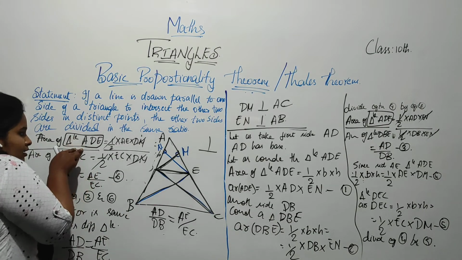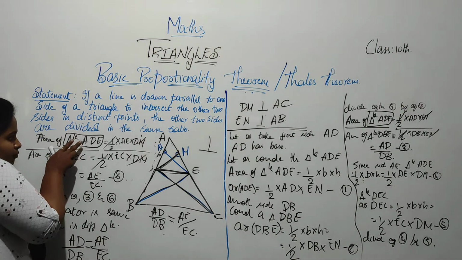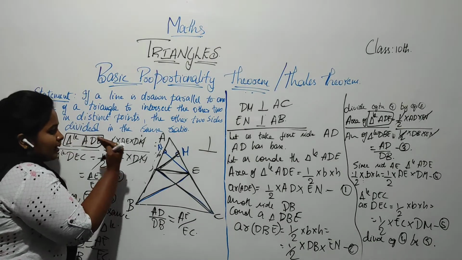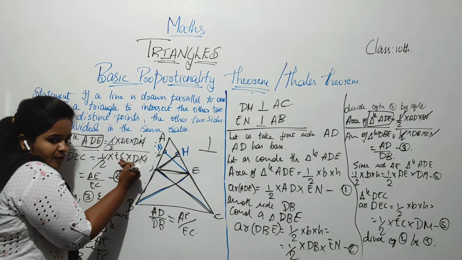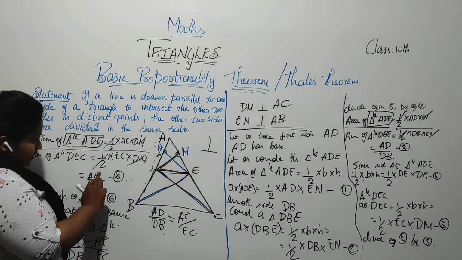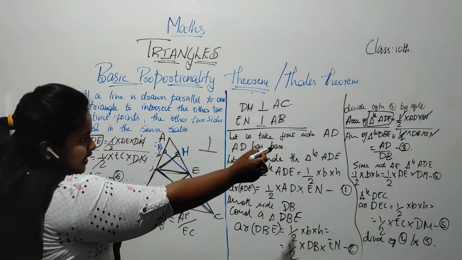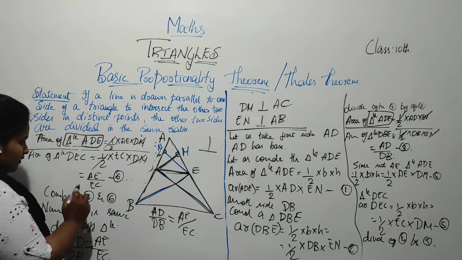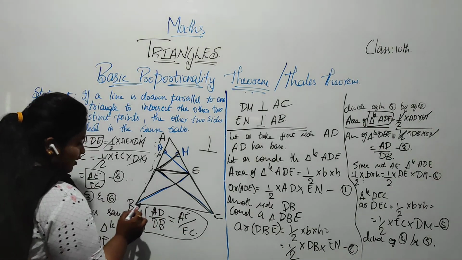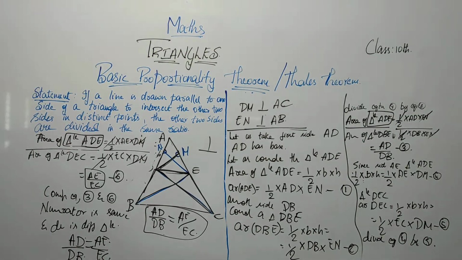If the numerators of both equations are equal, then the right hand side also becomes equal. In equation 3 we have AD by DB, and in equation 6 we got AE by EC. This is what we need to prove.